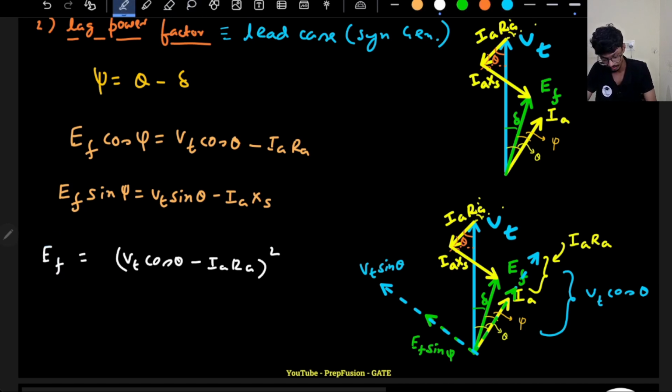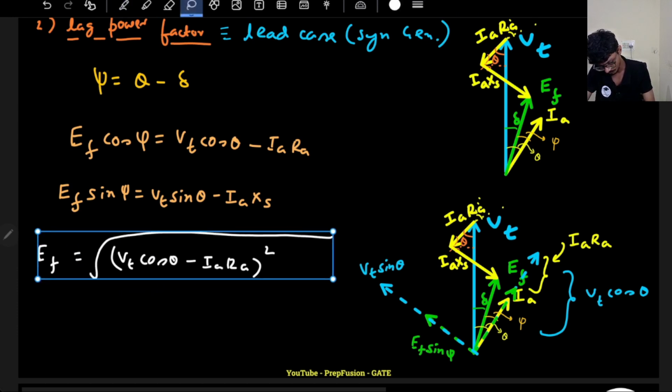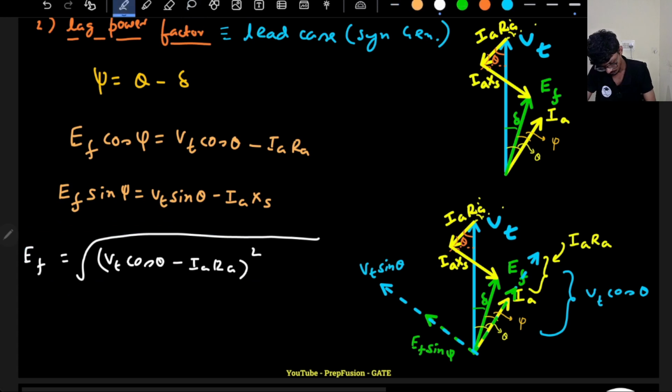So on the left hand side I will have E_f square, which will under root, so it will be E_f only. On the right hand side it will be Vt cos theta plus I_a R_a whole square plus Vt sin theta minus I_a X_s whole square.